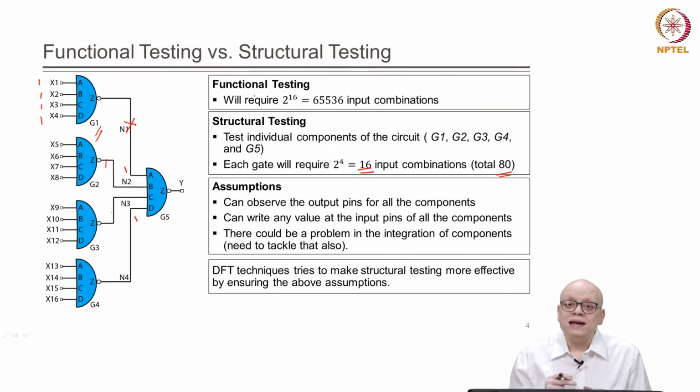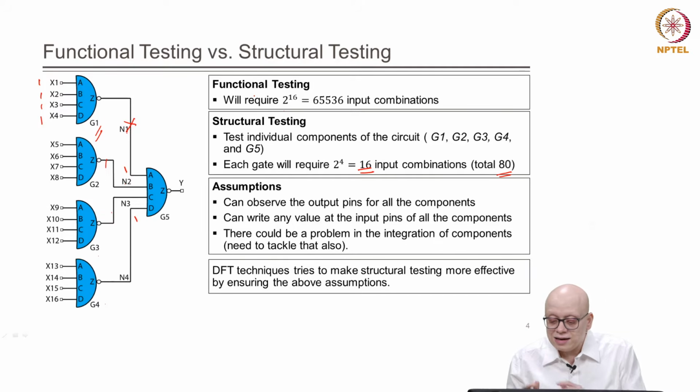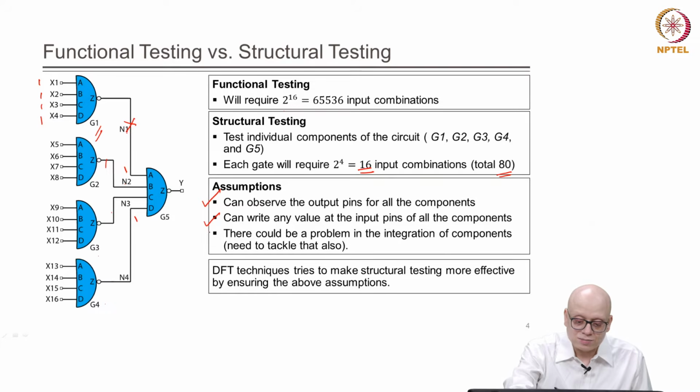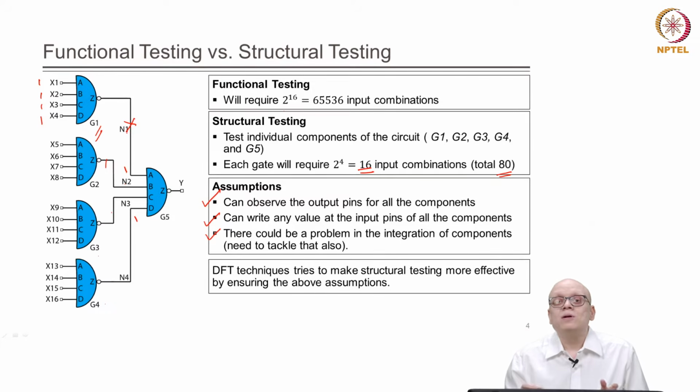Now, the DFT techniques, or the design tasks that we carry out which are targeted for testing, make changes in our design such that these three assumptions become more or less valid for our circuit, right.